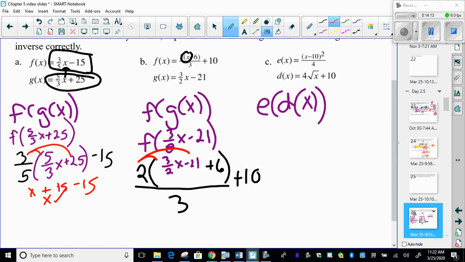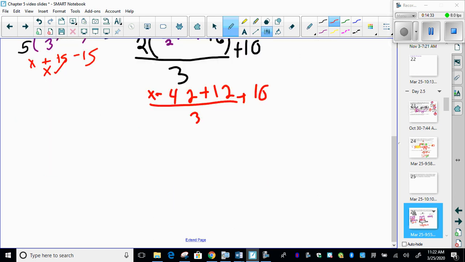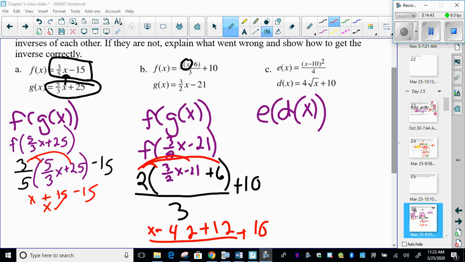Okay, so now simplify it. Send the 2 through, across. I guess I could have simplified. But so I get 3x minus 42 plus 12. That's all over 3 plus 10, which simplifies to 3x minus 30 all over 3 plus 10.